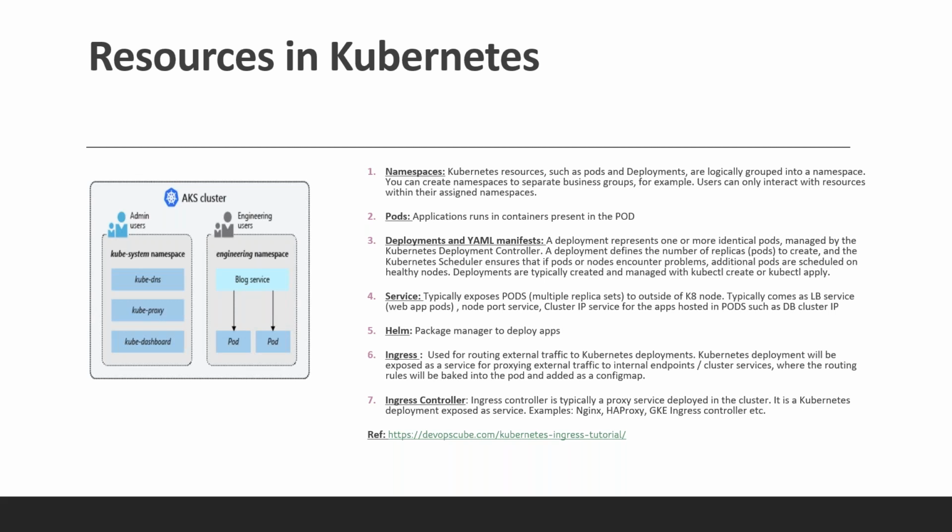Then there is an ingress application we would be deploying, whose purpose is to expose a service for external traffic to the internal ingress controller, which is a proxy service, and here we will deploy an Nginx ingress controller. There is a reference link which I have mentioned. I think Lawrence has explained this, so I won't dig much into it.